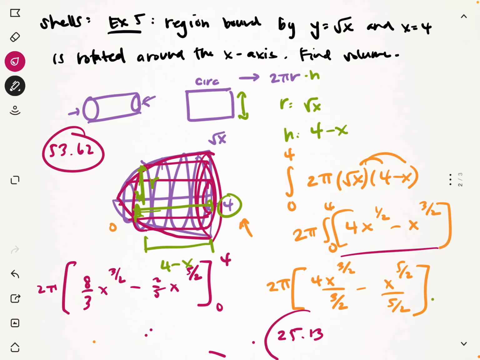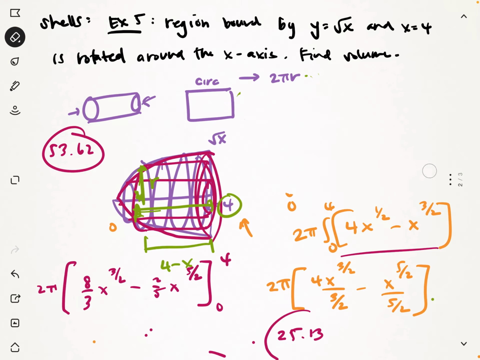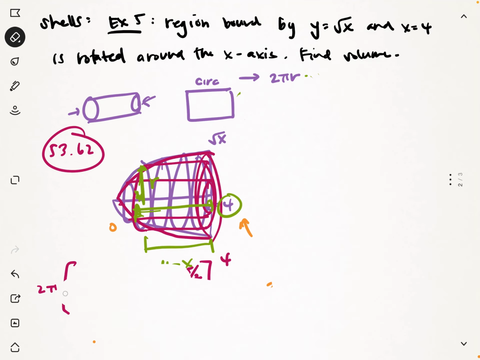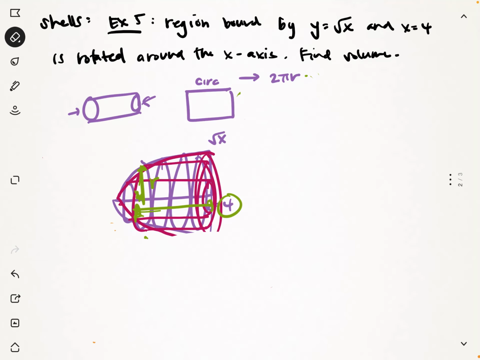If we were to do it in terms of y, it would actually be a little bit easier. We can go ahead and do that now. So let's erase this and then go back to thinking in terms of y. I'm not going to erase this diagram just yet.